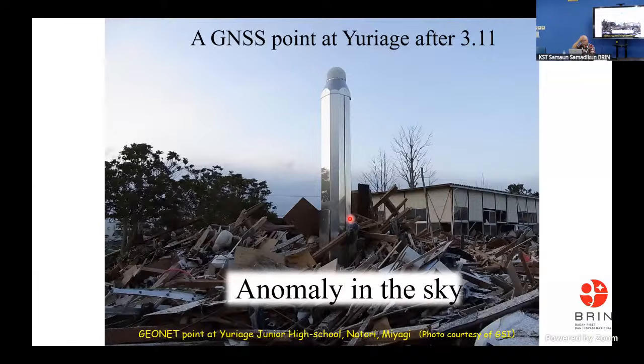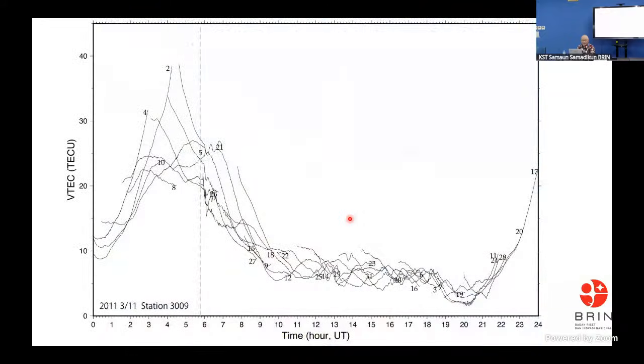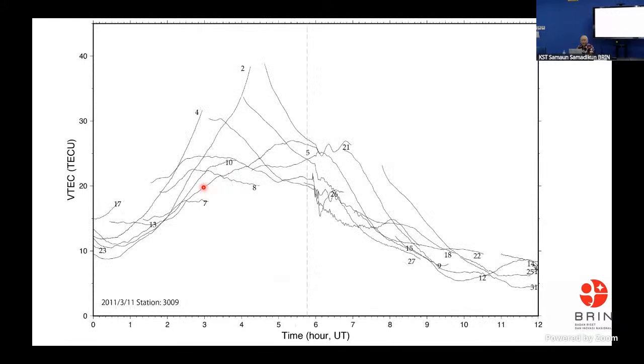And I say there is some anomaly in the sky. Okay, this is total electron content on the day of the earthquake. And the earthquake occurred at 5:45, which is 2:45 in the local time in the afternoon. So I make it larger.